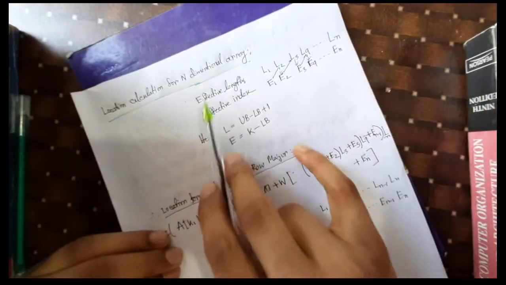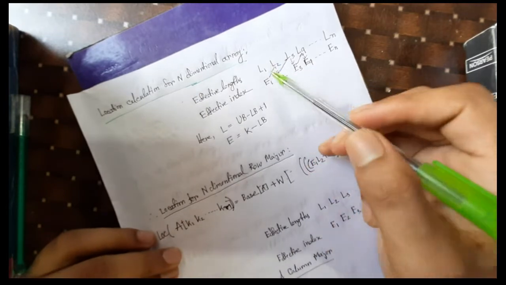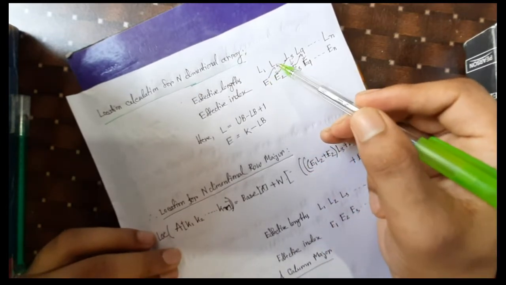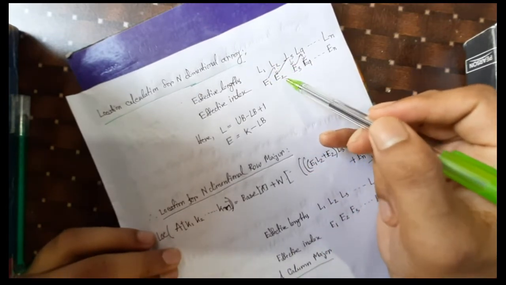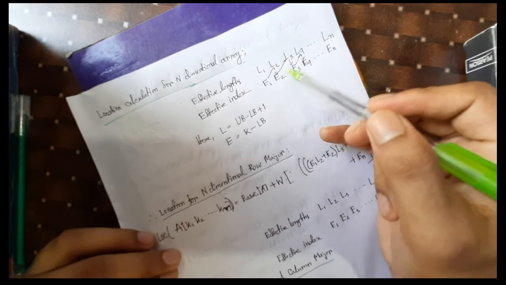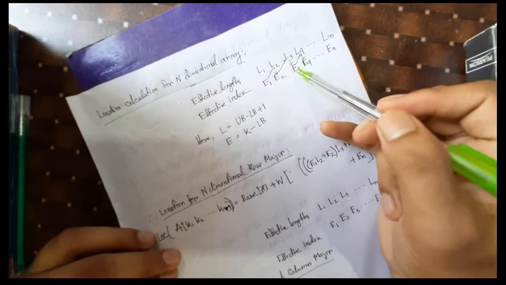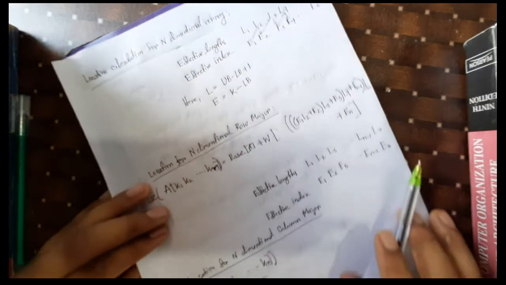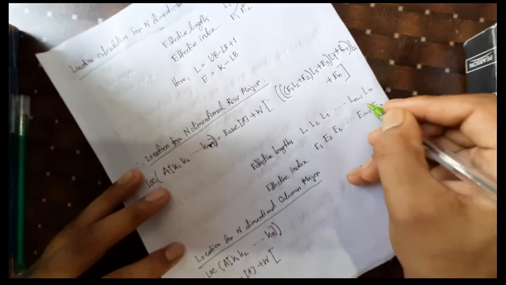For row measure we took E1 multiplied by L2, then added E2, and then multiplied and added E3, but here we have to multiply from the other side, from n.